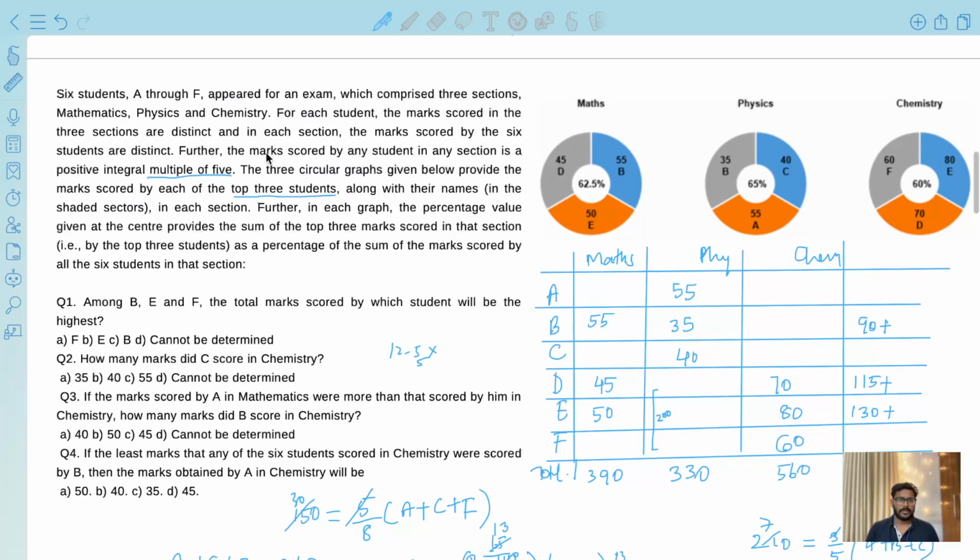For each student, the marks scored in the three sections are distinct, and in each section the marks scored by the students are distinct. The marks scored by any student in any section is a positive integral multiple of 5.